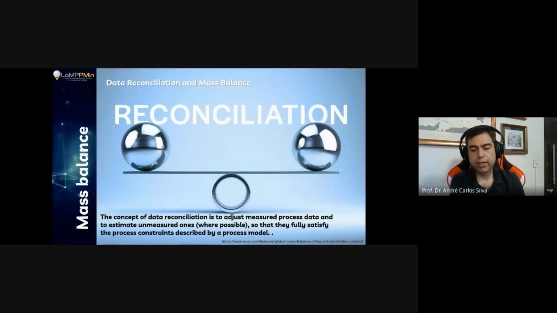But before anything else, one word is quite important for us today, and it is reconciliation. Okay. So what is reconciliation when you talk about mineral processing, and even thinking a little bit bigger, mines in general? When we go to the geology and the mine planning, we have an idea of what kind of ore we'll be working with, what kind of material we're going to be feeding in our mineral processing plant.